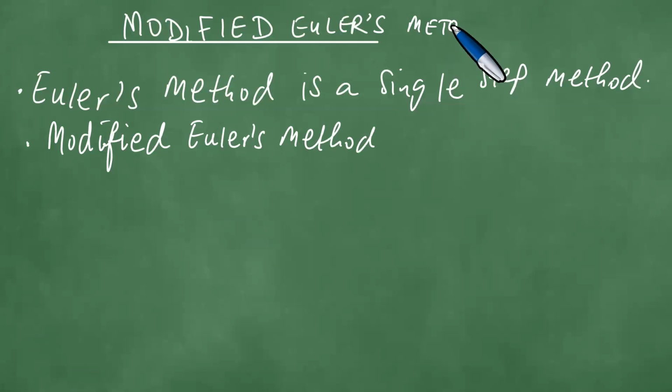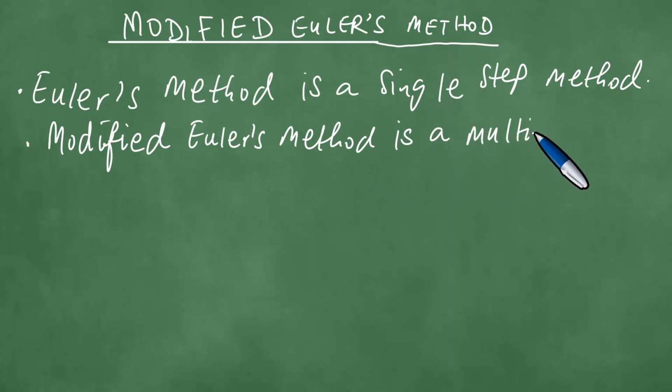Right, modified Euler's method in full, we say that. We'll have a discussion to look at a couple of examples. That is the plan for today. The modified Euler's method is a multi-step method.